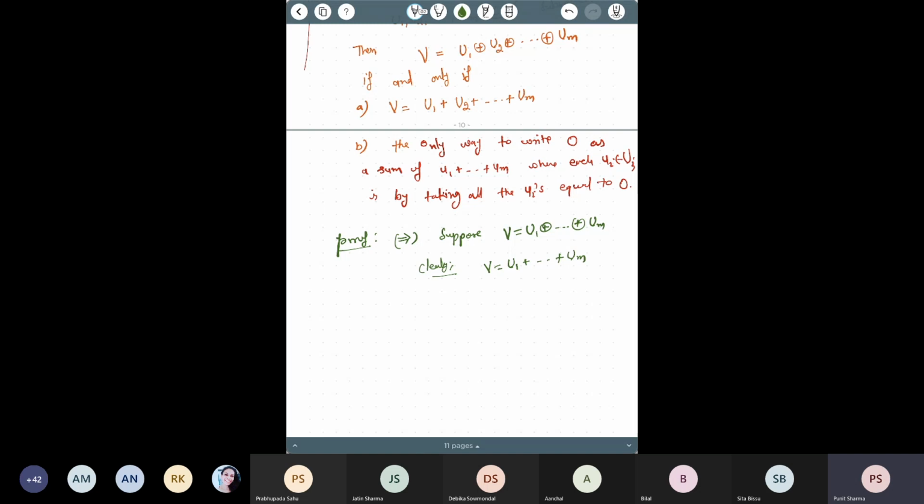So we have to prove this. Let's say we write 0 as u1 plus so on up to um, where ui belongs to capital Ui.